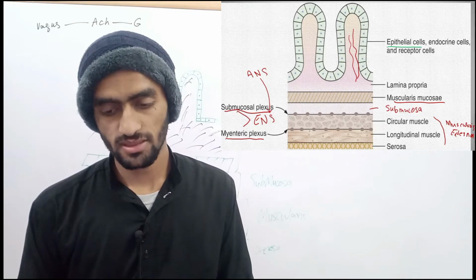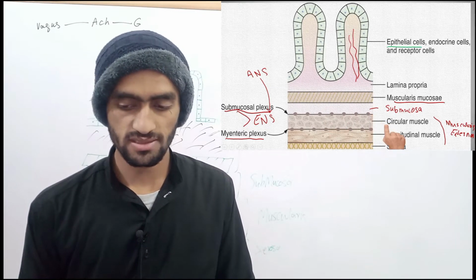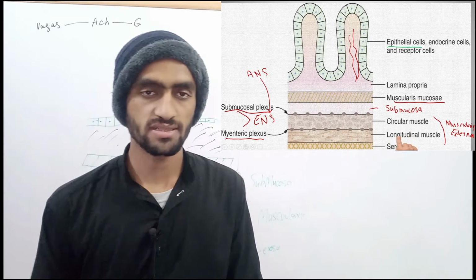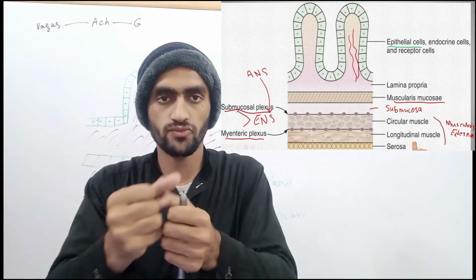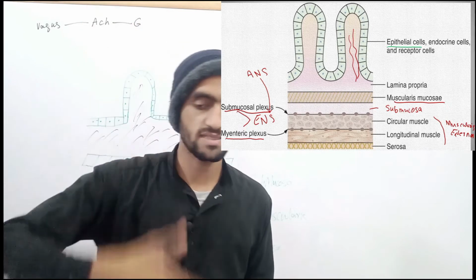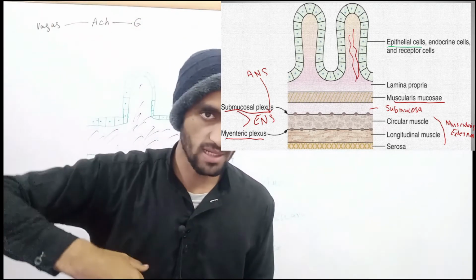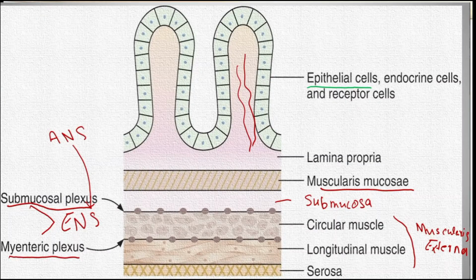And then we have submucosa. Then we have circular muscle and longitudinal muscle. Circular muscle function is to mix food. Longitudinal muscle is involved in peristalsis, moving food along the pathway of the gut wall. And the outermost is serosa.